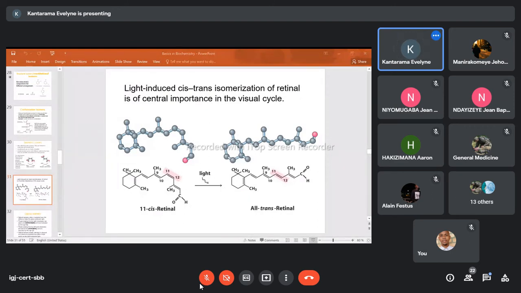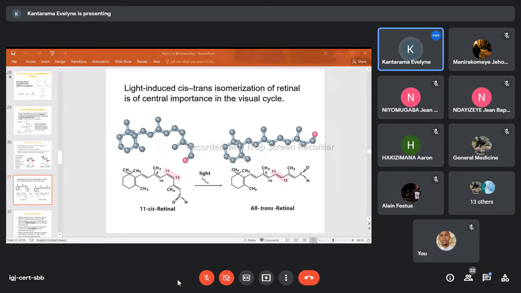Remember those retinol or retinal, those visual pigments. Now you can see on the slide. To change this 11-cis retinal into all-trans retinal, we require the intervention of light.